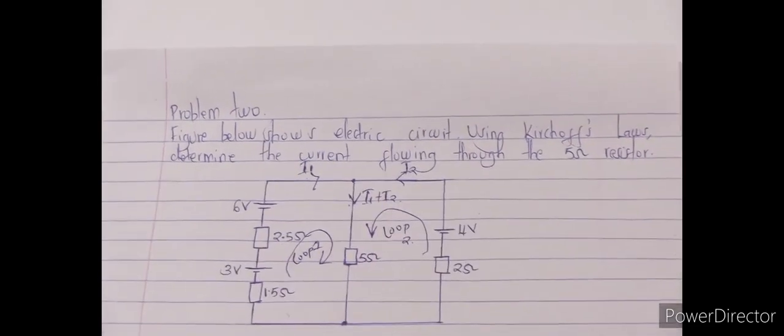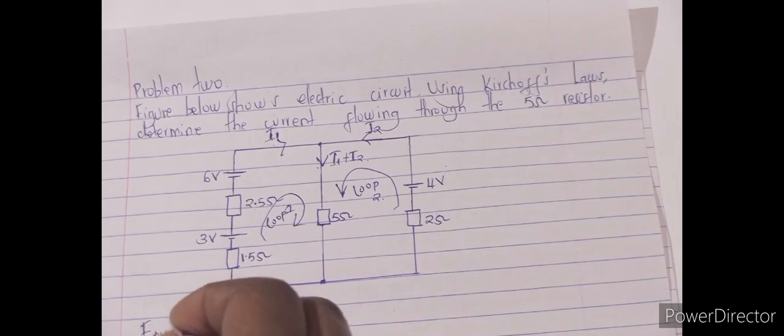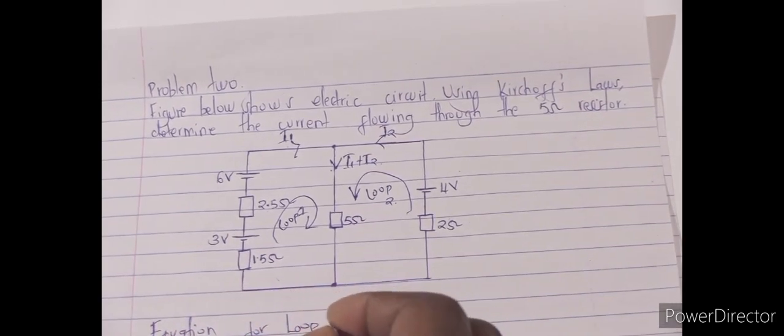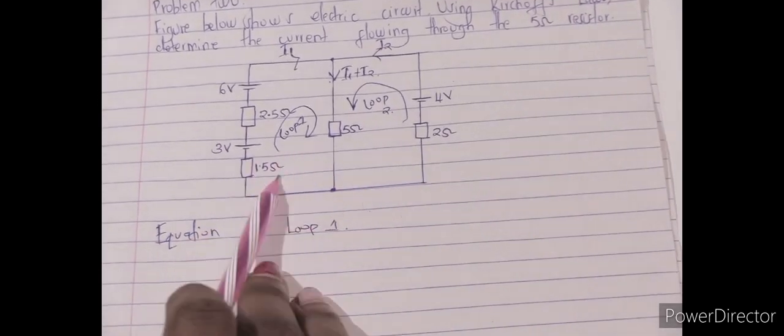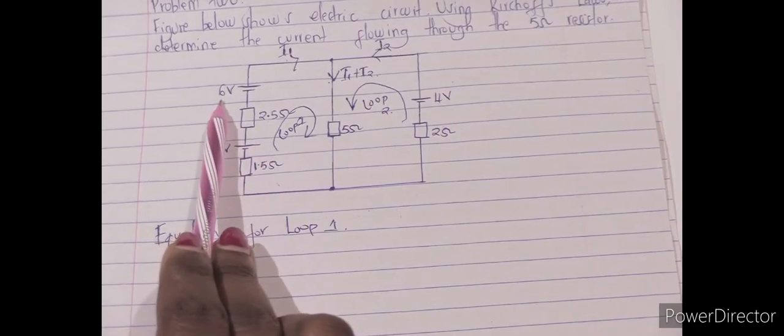So now let us form our equation for loop 1. How many sources do we have? 1, 2.